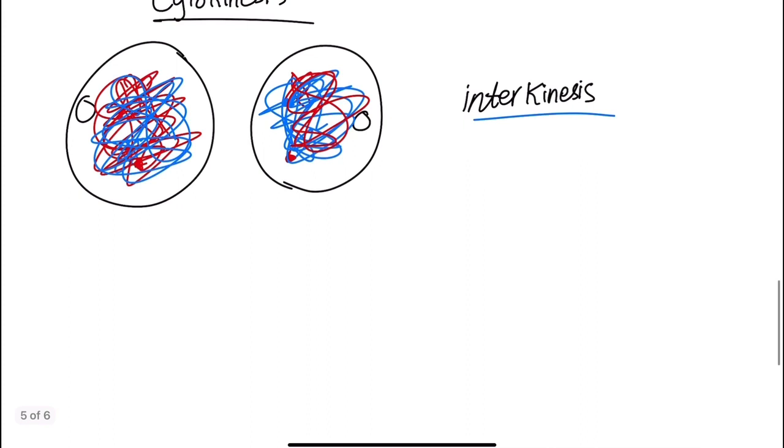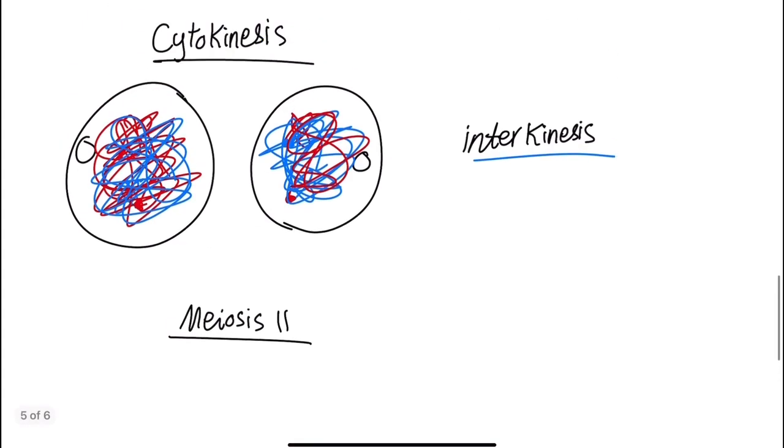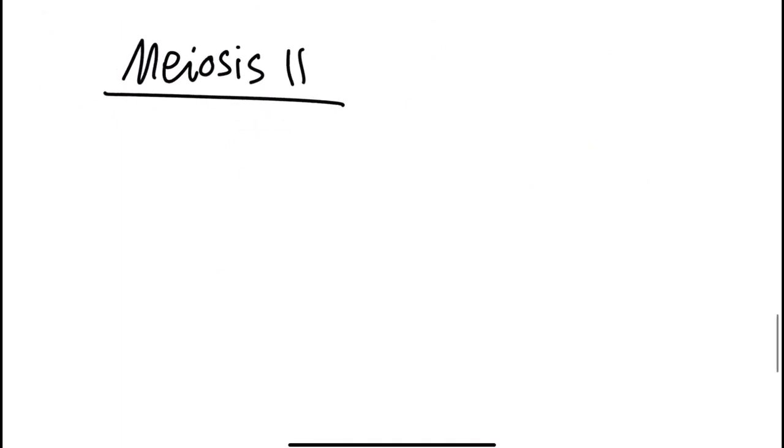Now, Meiosis II happens. Meiosis II is going to be much easier than Meiosis I, because if there is a nuclear envelope, it is going to fragment into vesicles, but that's not what I care about.